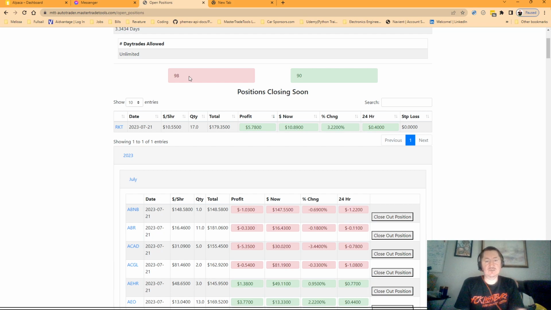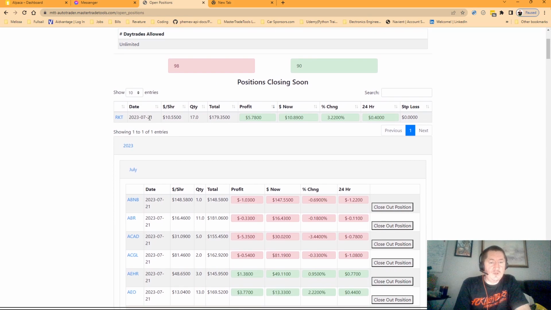In this case, it looks like almost 100% of the purchases are in the green. That's not bad. That's actually pretty good.